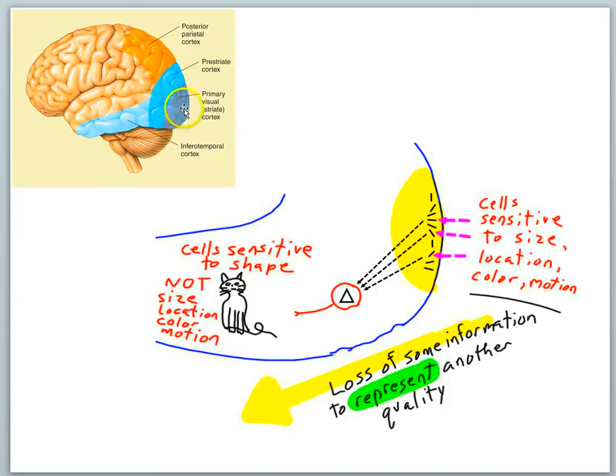There is another major visual pathway that runs up into the parietal cortex, and that pathway seems to be processing where an object is in relation to the body. And so this area can compute how the body would have to move so as to interact with that object. But we're going to focus on this ventral pathway, what sometimes is called the what pathway, and the dorsal pathway is the where pathway.